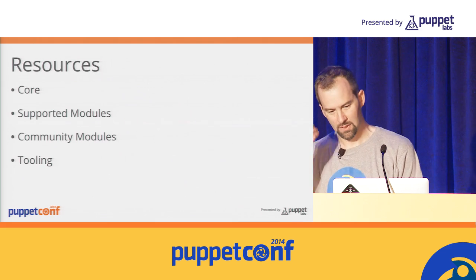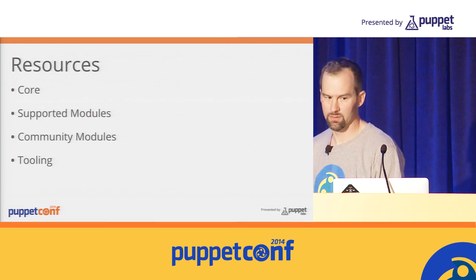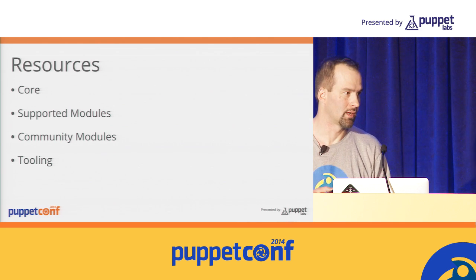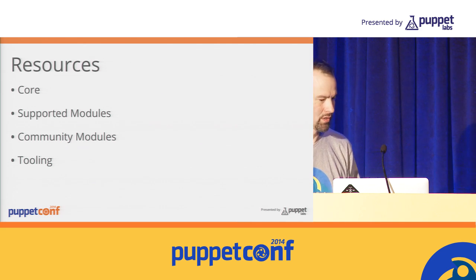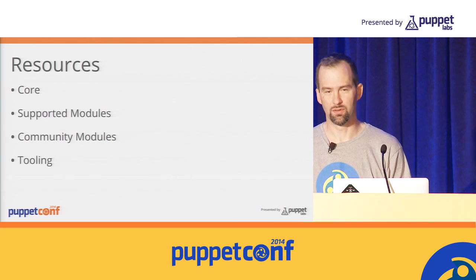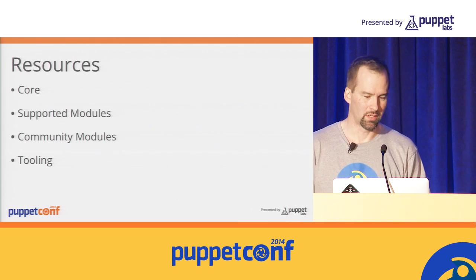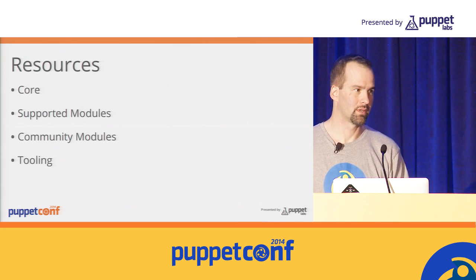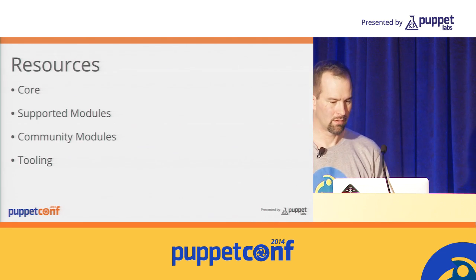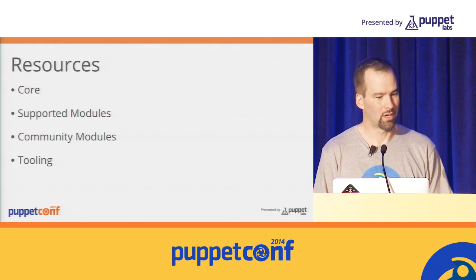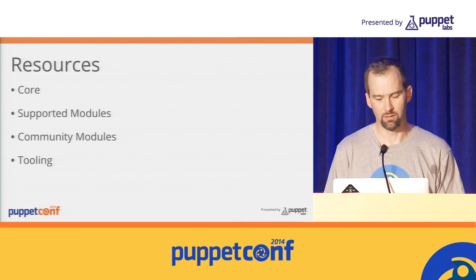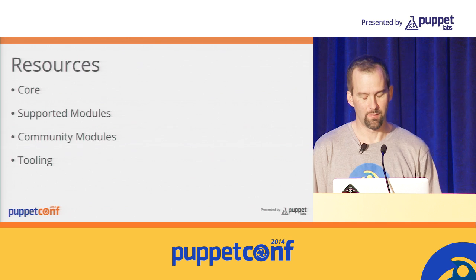OK, so resources. We've seen some examples of service and registry resources. There's a number of core resources that you can manage with Puppet as soon as you install it. There's a number of additional resource types that are supported by Puppet Labs, and we'll talk about what that means. There's also a number of community modules where people have contributed lots of great management capabilities.